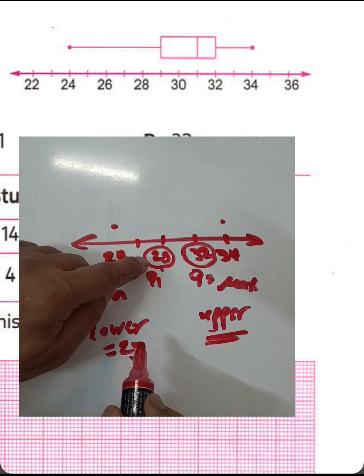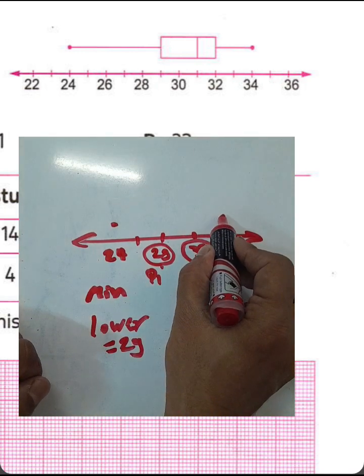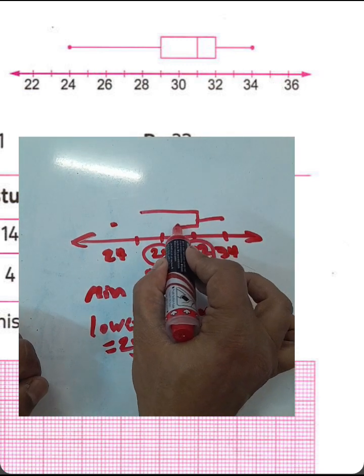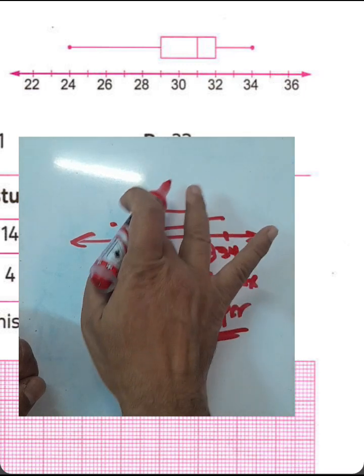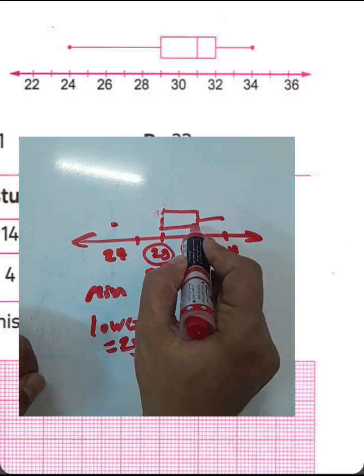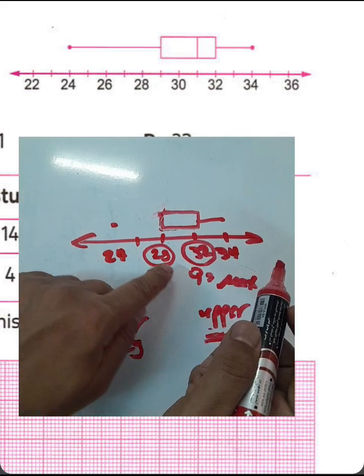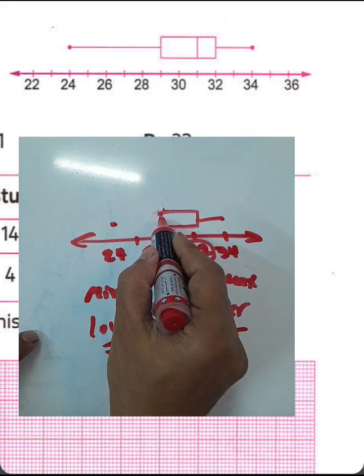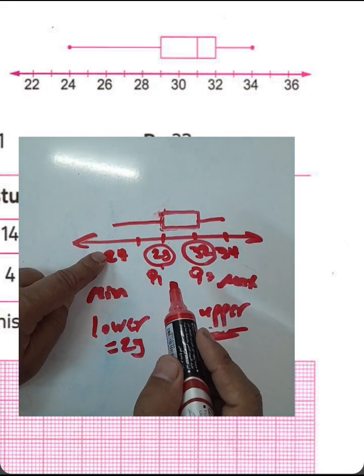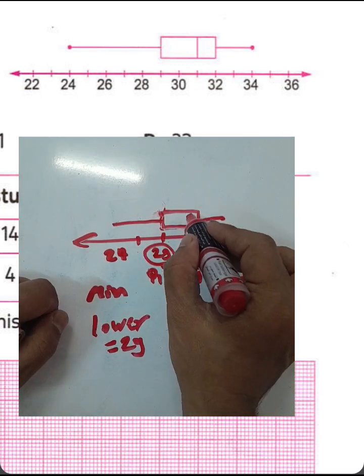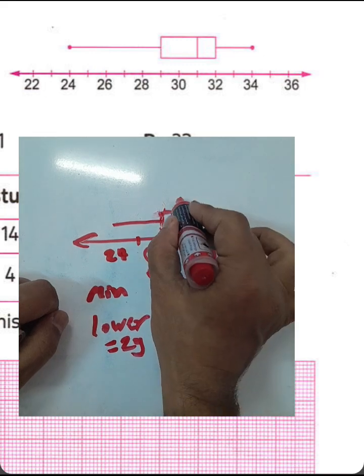It's the lower quarter, okay? You draw here the box plot from 29 to 32. We called 29 the lower quarter, and 32 the upper quarter, and minimum 24 and maximum 34, and the median refers to 31.